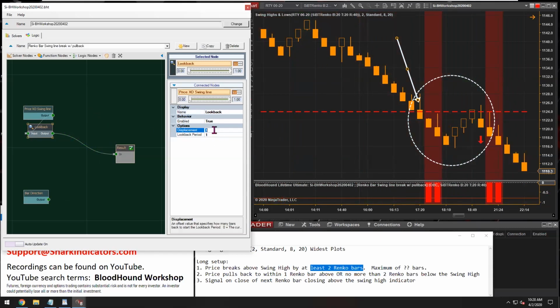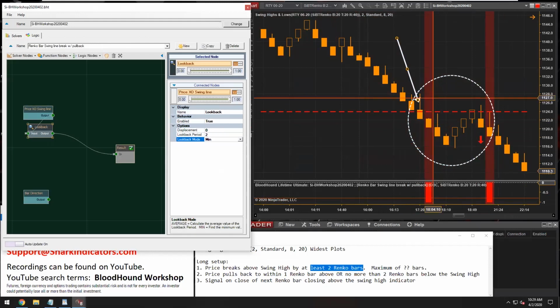With the look back node, I'm going to set the displacement to 0 and the look back period to 2. And then the mode is I want a minimum of 2. There we go. Yeah, that'll work.